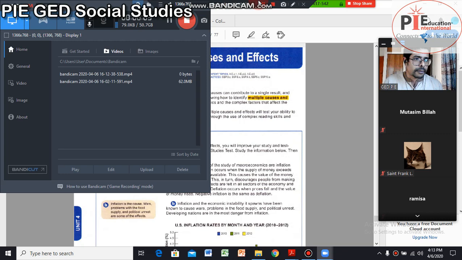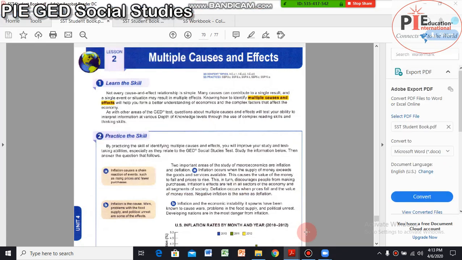If the value of money is going up, the price of goods and services will be going down. Why? Because money now has more value. So the prices of goods and services are going down, the value of money is going up. They have an inverse relationship with each other: the value of money and the price of goods and services.